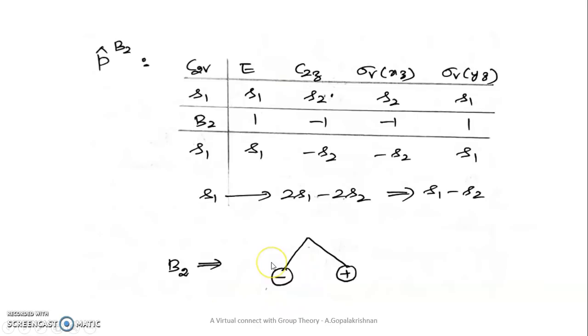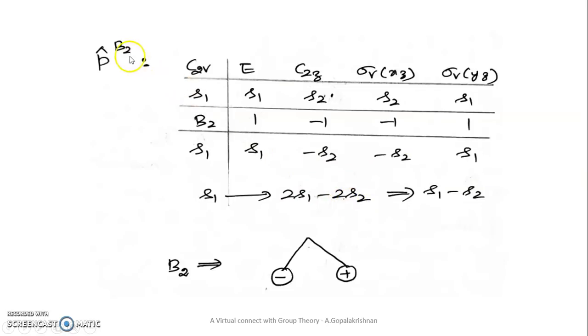Now what is the other group orbital, corresponding to the SALC of B2? What you have to do? Take the symmetry operations, take the function S1, and carry out the operations on S1. You will get these results. Then for B2, the characters are 1, minus 1, minus 1, 1. Multiply this, you will get this answer, and if you add them, you will get 2S1 minus 2S2.